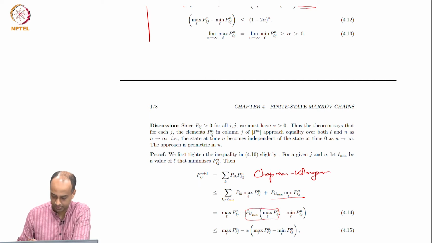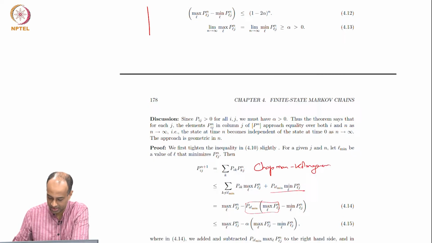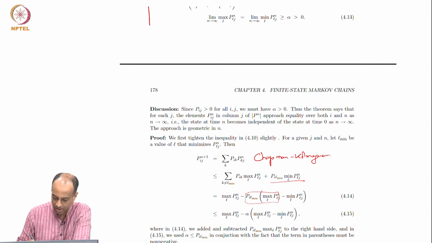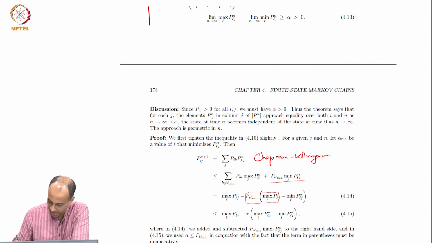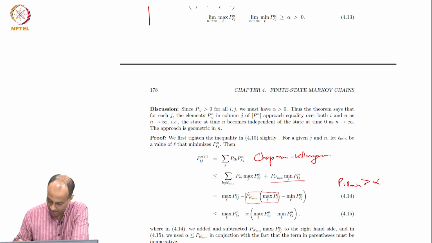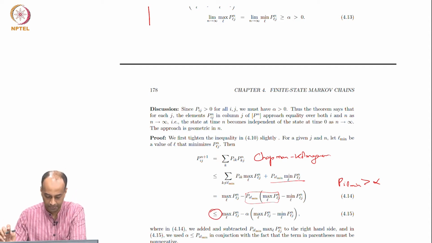This is again some algebraic jugglery, and this P i L min, where L min is the index where the minimum occurs, will be greater than alpha, which means that this inequality follows.